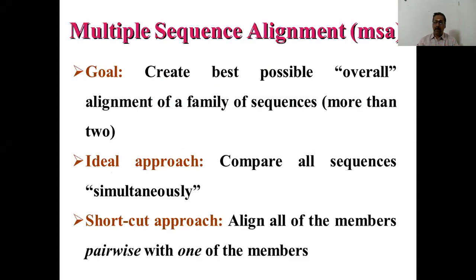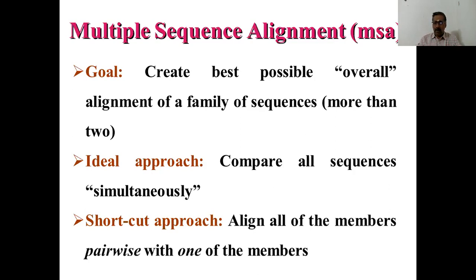What is the goal of a multiple sequence alignment? Usually, multiple sequence alignment means equal to 3 or greater than 3 number of sequences we want to cluster. So if you want to cluster at least 3 sequences or more than 3 sequences, then automatically that particular alignment is termed as multiple sequence alignment.